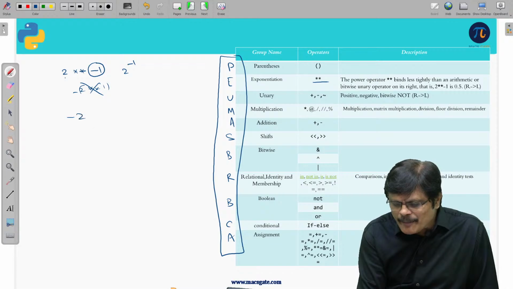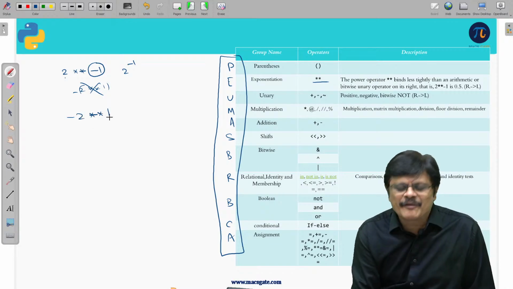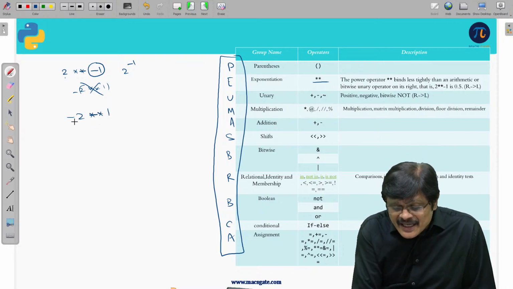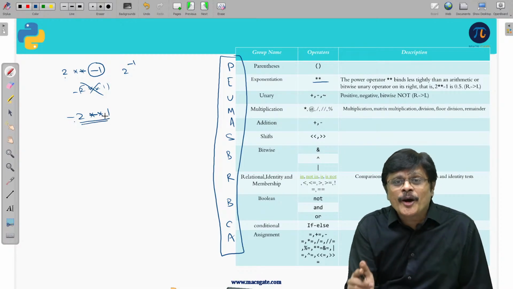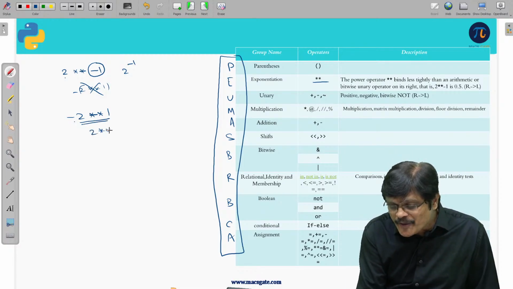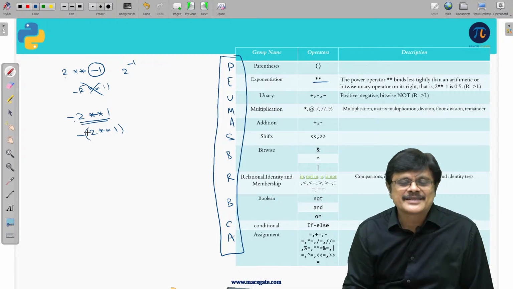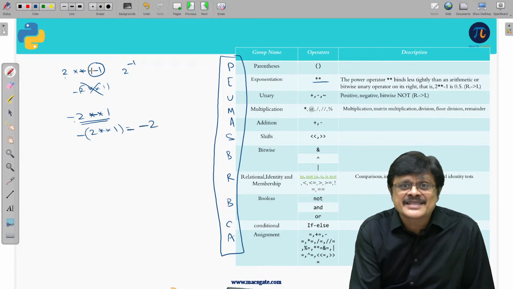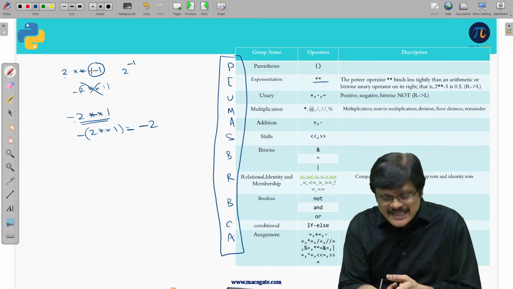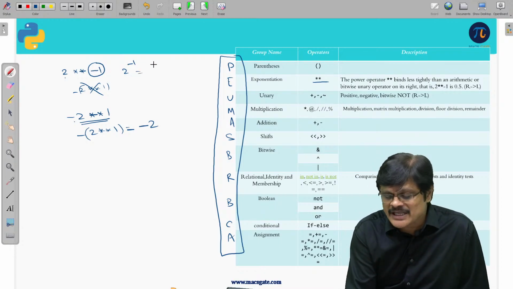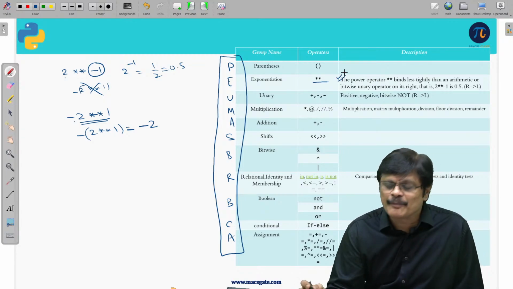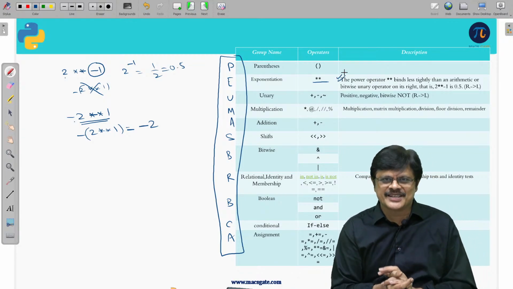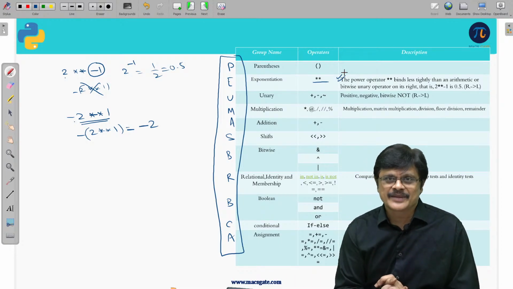But if you have minus 2 power 1, the power operator is applied first, that is 2 power 1, and then the minus. So the answer is minus 2 here, whereas 2 power minus 1 means 1 by 2. The answer is 0.5. That is the example given in the Python documentation itself. Please note that. Am I clear?